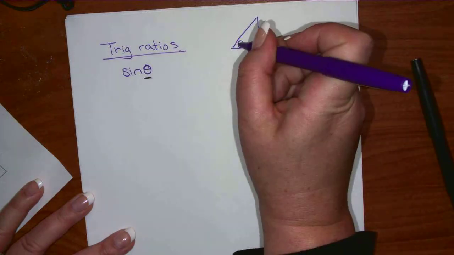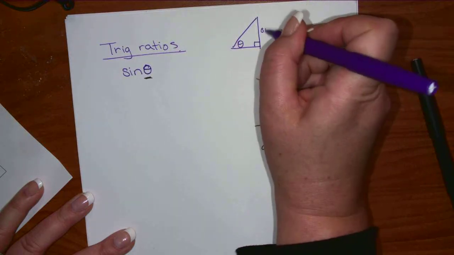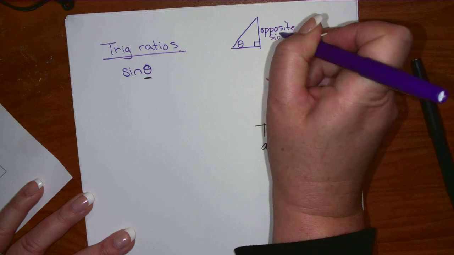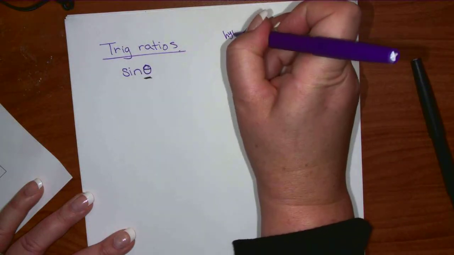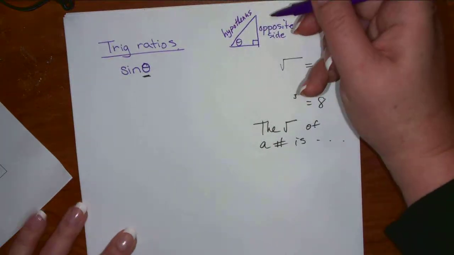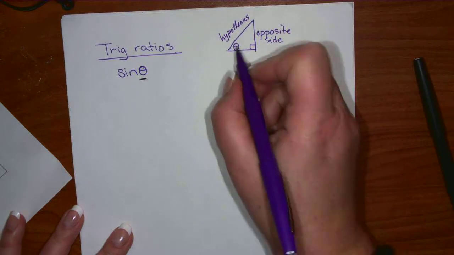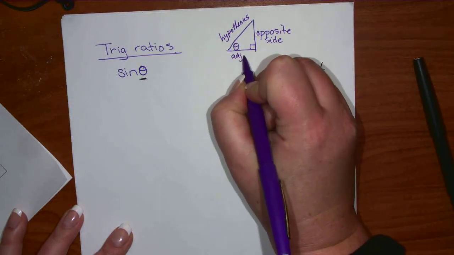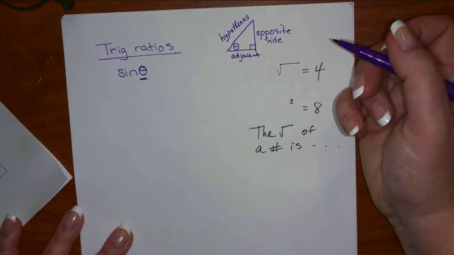The side opposite, or across from the angle, is called the opposite side. The hypotenuse is across from the right angle. And what's this side called? Adjacent. It's the side attached to the angle, or beside, adjacent.